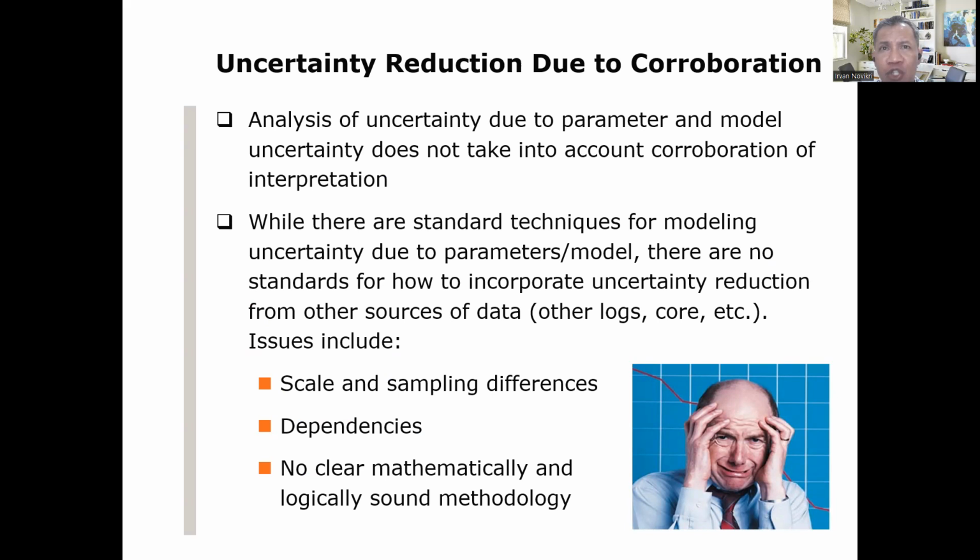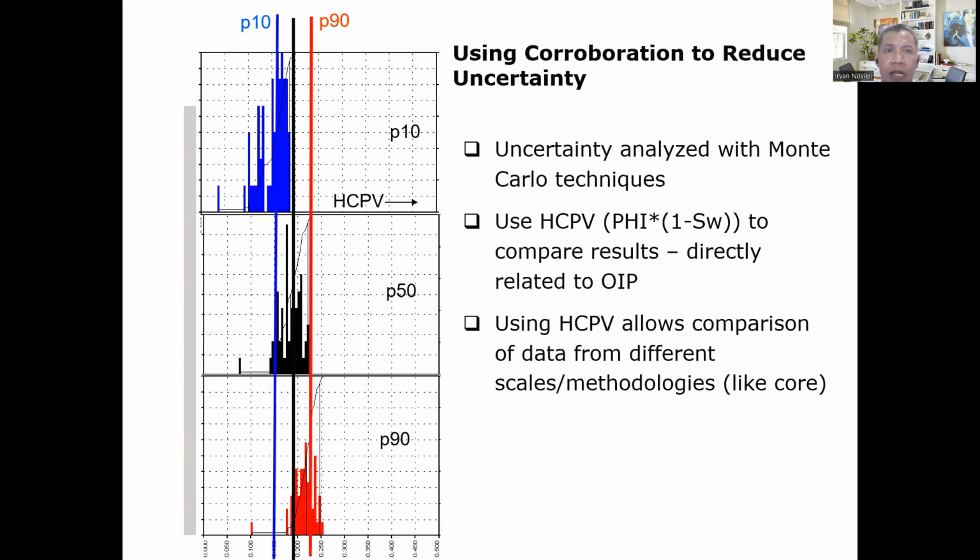Additionally, it mentions the lack of a standardized method to incorporate uncertainty reduction from other data sources such as log and core samples, due to challenges related to scale and sampling, different dependency, and the lack of a clear, mathematically and logically sound methodology. The use of corroboration is to reduce uncertainty in the analysis data.